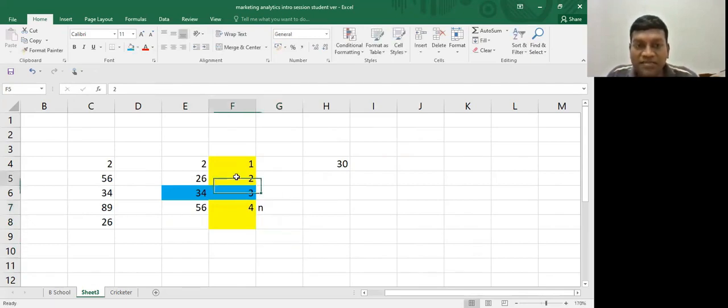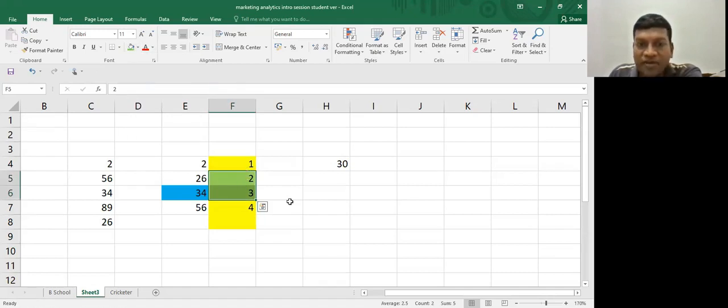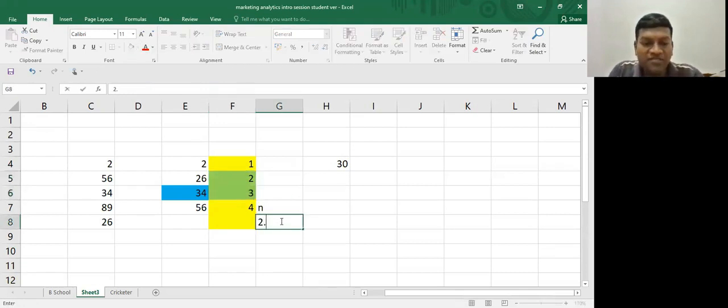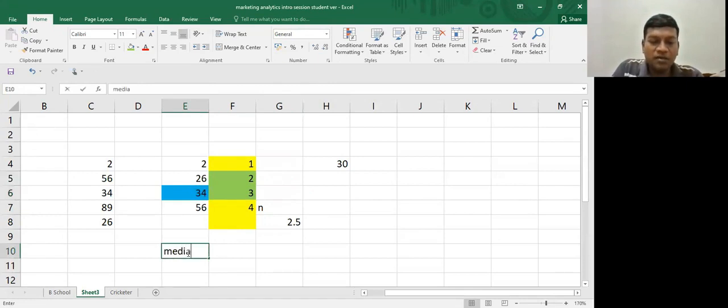So we need the number between the 2nd and 3rd, right in the middle. That number would be 26 plus 34 divided by 2, which is 30. So your median is going to be 30.